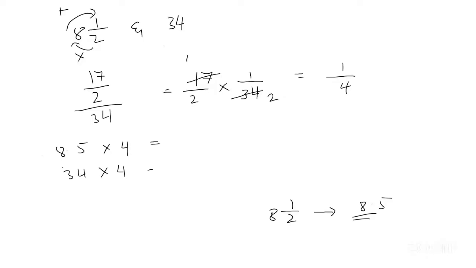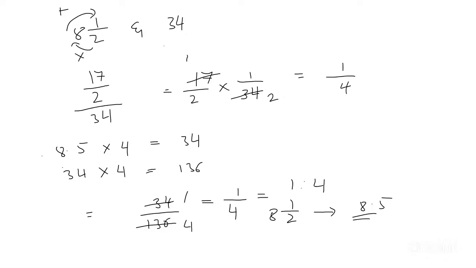The point will be removed directly. You have 34 and 136. Now you can divide 34 and 136 by 4. 1 is to 4. This is the decimal method. If you want, you can also do Abraham's fraction method. It's the same thing. Both methods are good. You can use any method.